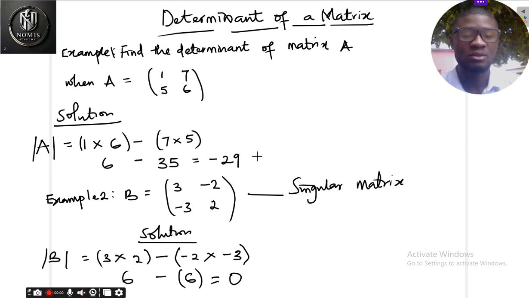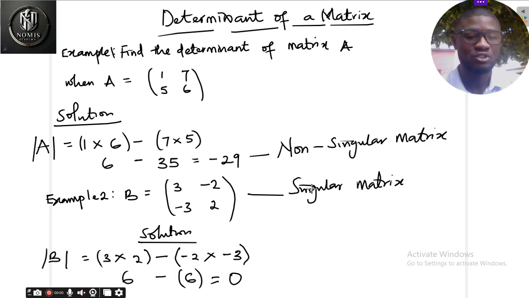That one we call it non-singular matrix. So I believe you should be able to differentiate between singular matrix, non-singular matrix, and determinant of a matrix by now.